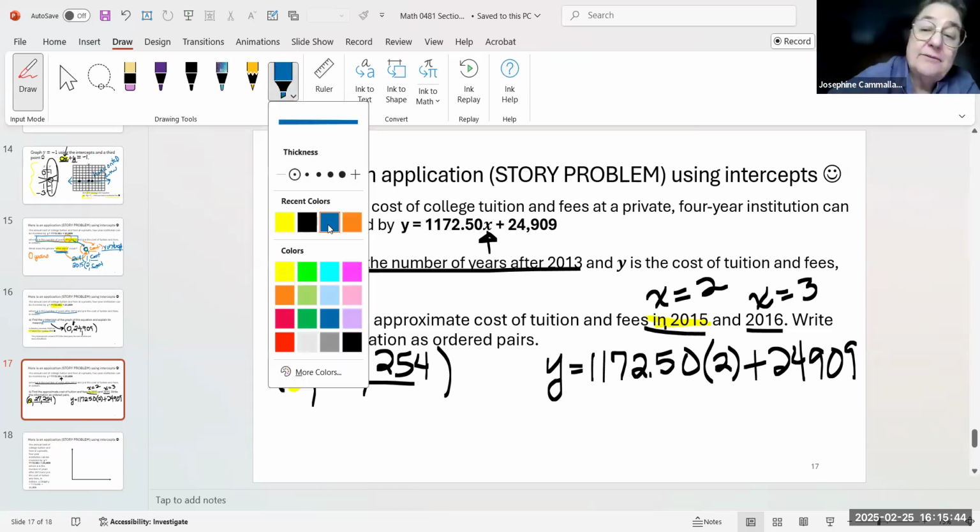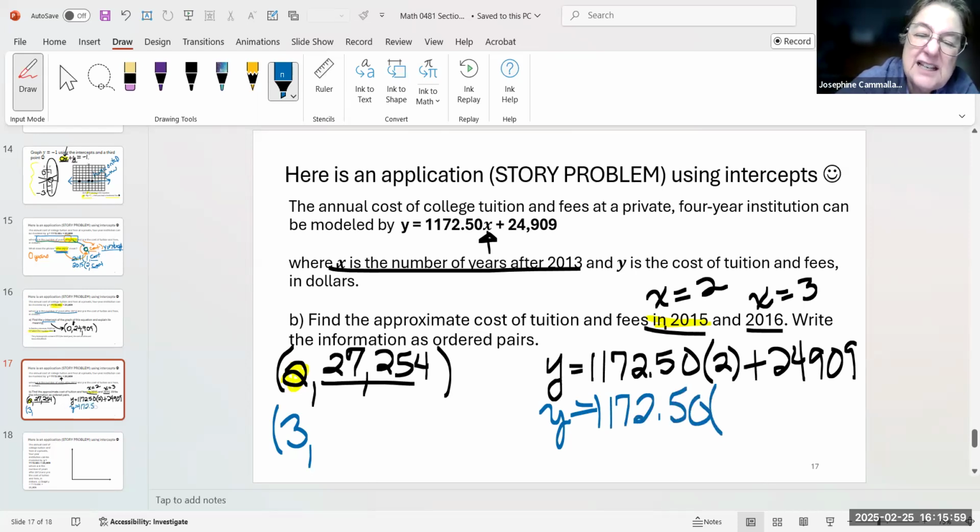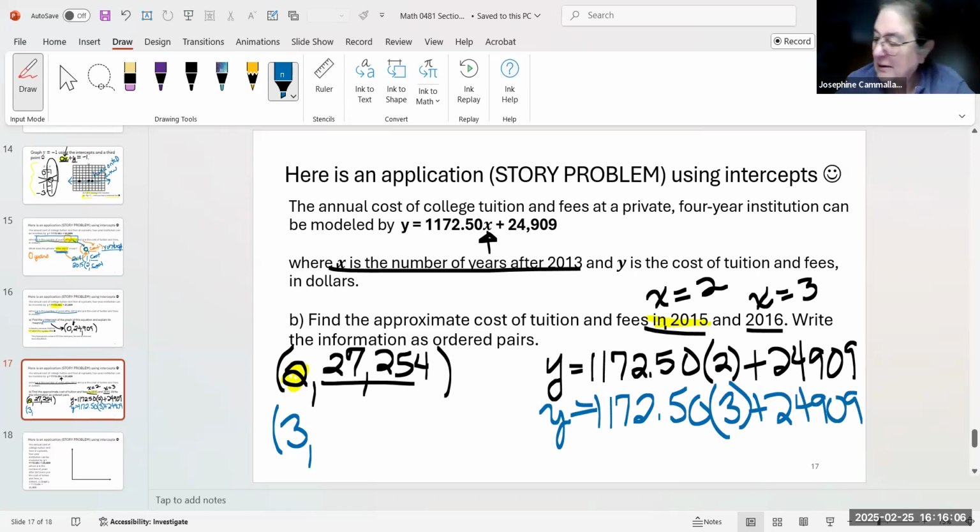Now we're going to try it again. This is going to be 3. Well, this is going to be Y equals $1,172.50 times 3 plus 24,909.